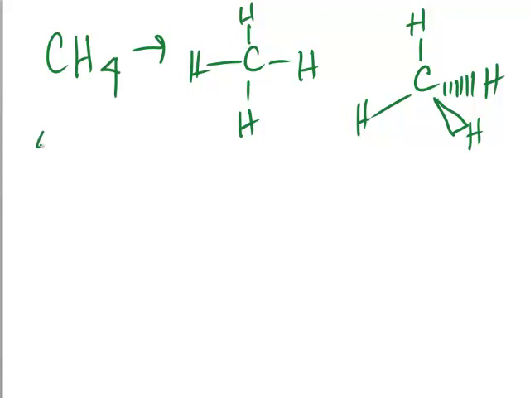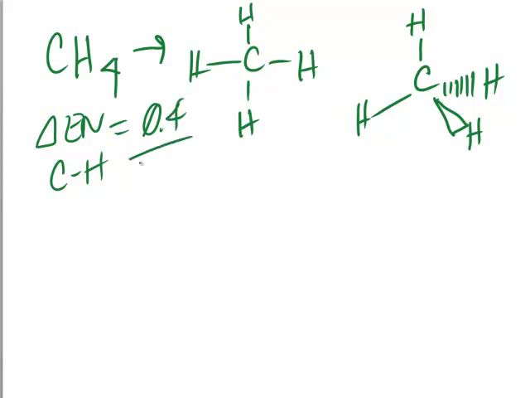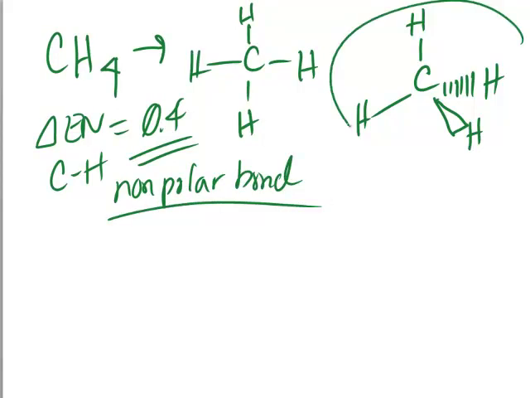If you look at the delta EN for the carbon-hydrogen bond, it was 0.4. That is a non-polar bond. And so, since there's no polar bond in this molecule, this automatically eliminates it from being a polar molecule. It is a non-polar molecule.